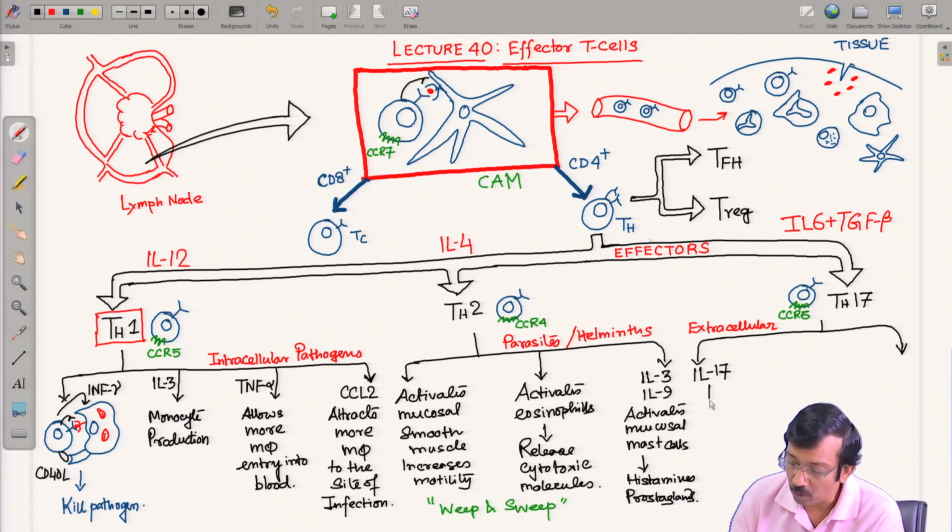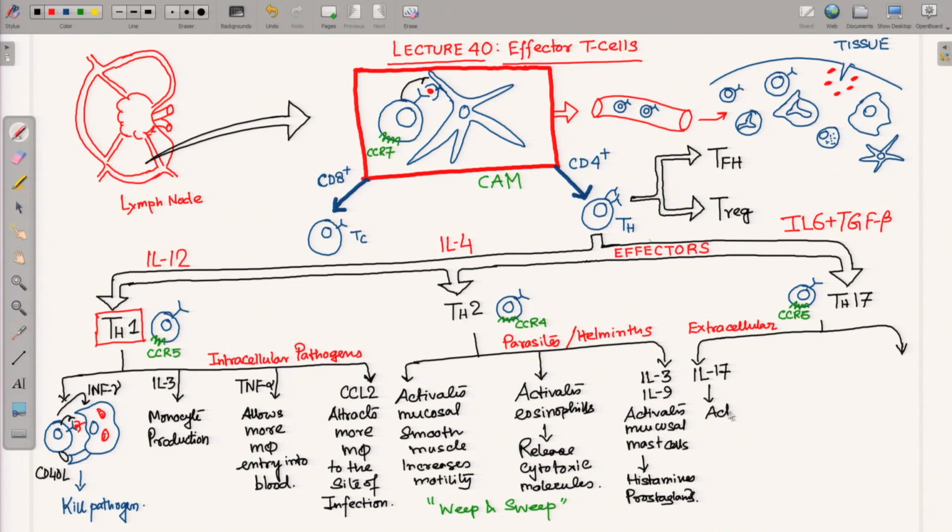of interleukin 17, which activates the epithelial cells, and that leads to the production of antimicrobial proteins, bacteriostatic and bactericidal antimicrobial proteins and peptides, leading to a bacteriostatic or bactericidal effect.